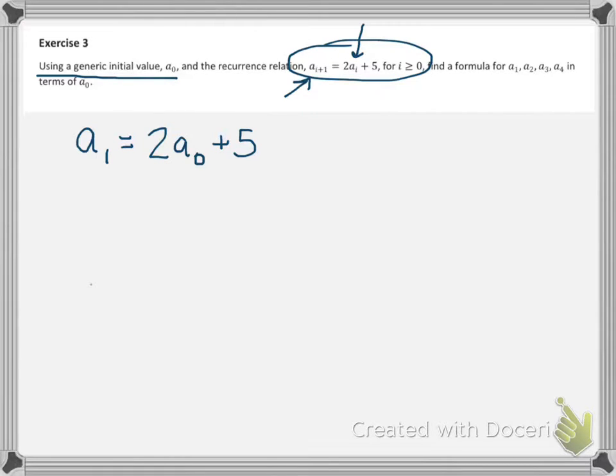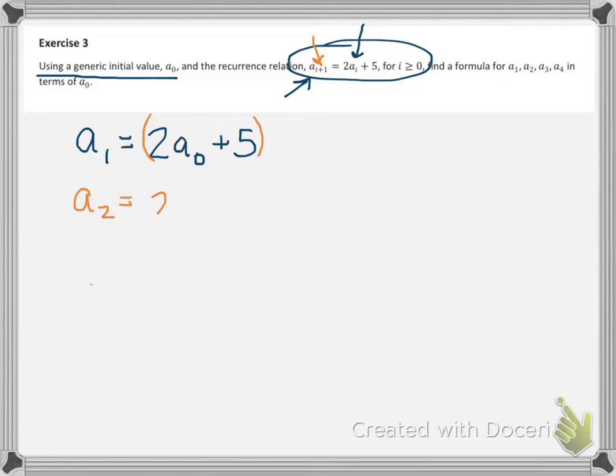How about a sub 2? Well, a sub 2 is going to be, that's a sub 1 plus 1, if we look here. A sub 1 plus 1 is a sub 2. And 2 times a sub 1 is this. This is a sub 1.